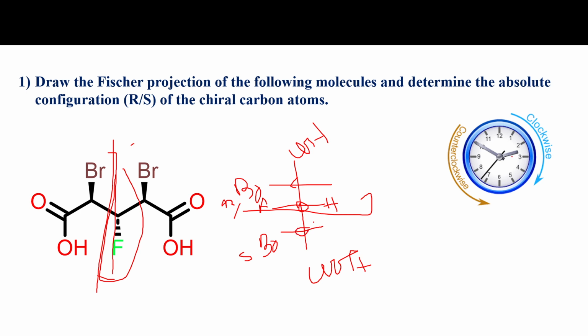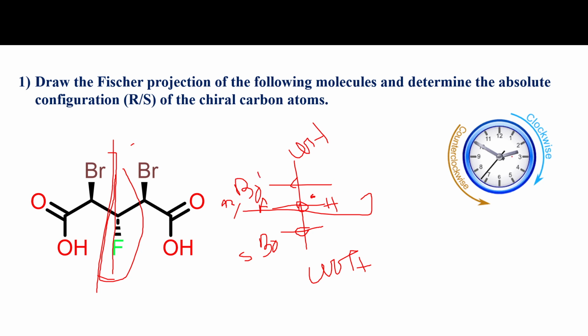Like this situation, how can we give it? This is a non chiral center but it can be chiral. So for this we give this center as small r or small s. So first we have to identify it like this one.